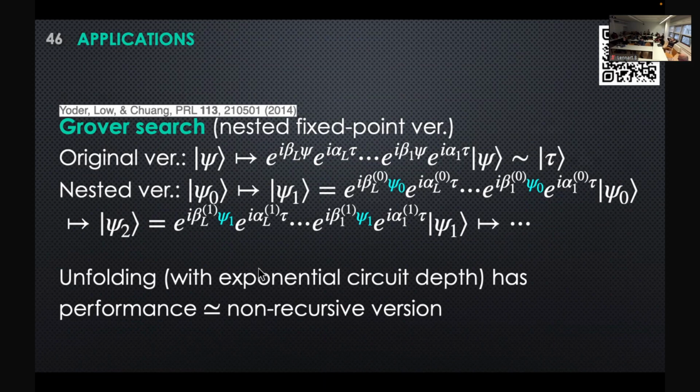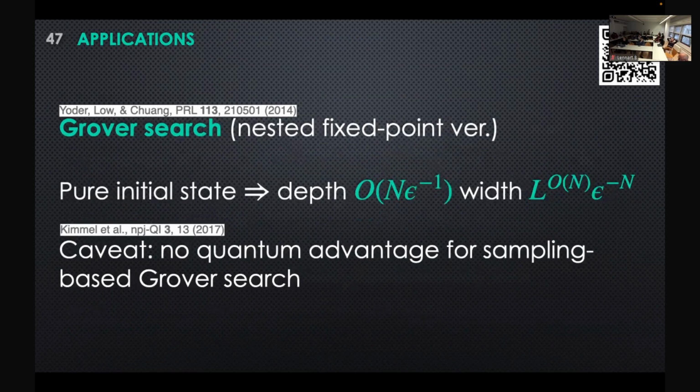And because this is quantum recursion, we can try to make it dynamic without this exponential circuit depth blow up. And that means we can exponentially reduce the circuit depth for the usual global search, which is too good to be true in some sense, because there's a hard proof that this sampling-based global search has no quantum advantage.